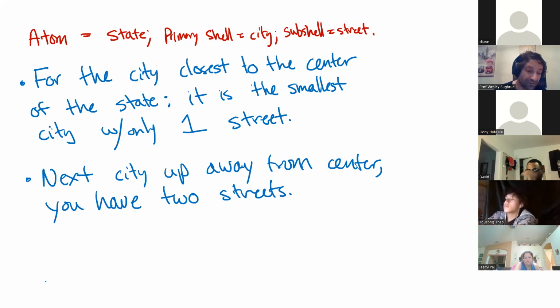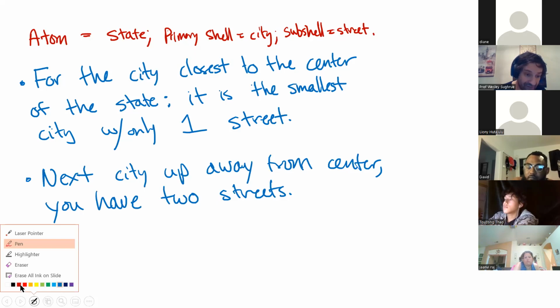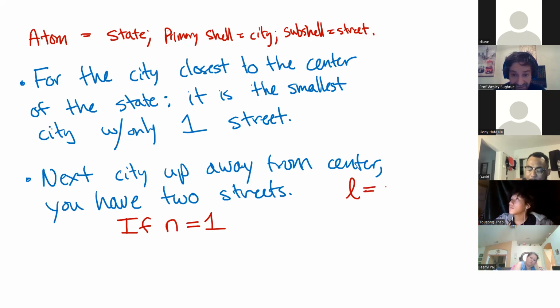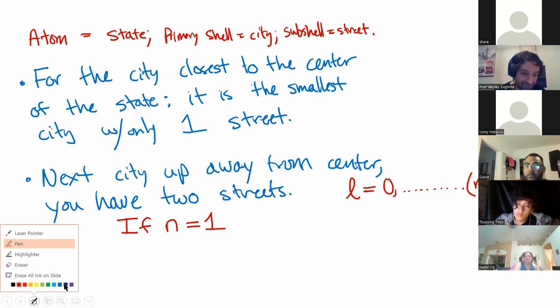Okay, so numerically, if n is equal to 1, and remember our rule says L is equal to 0, values going up from there to n minus 1, then for L, if n is equal to 1, the only value available to L is 0.